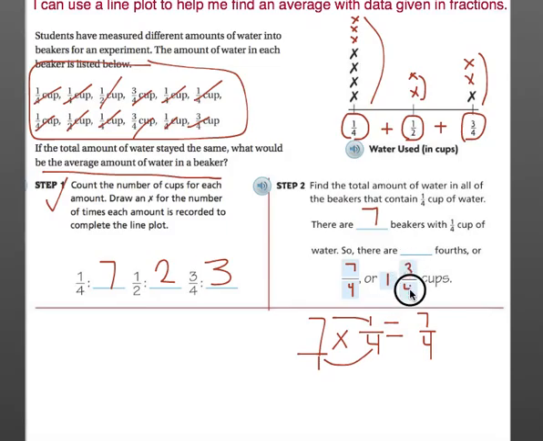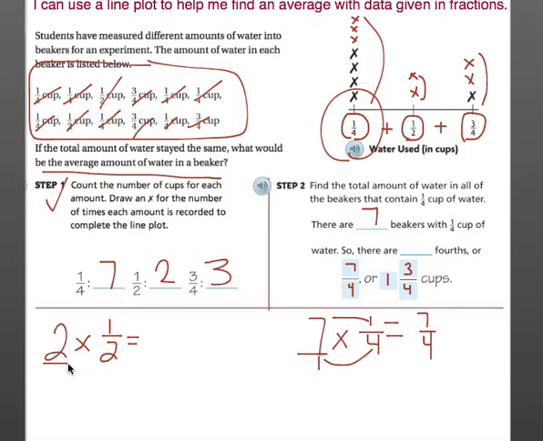So all I've done is add up how many fourths I have. So now I need to do the same thing for my 1/2 and my 3/4. So let's go ahead and do my 1/2 and my 3/4. If I have 2 1/2, that means I'm going to be multiplying 2 times 1/2.